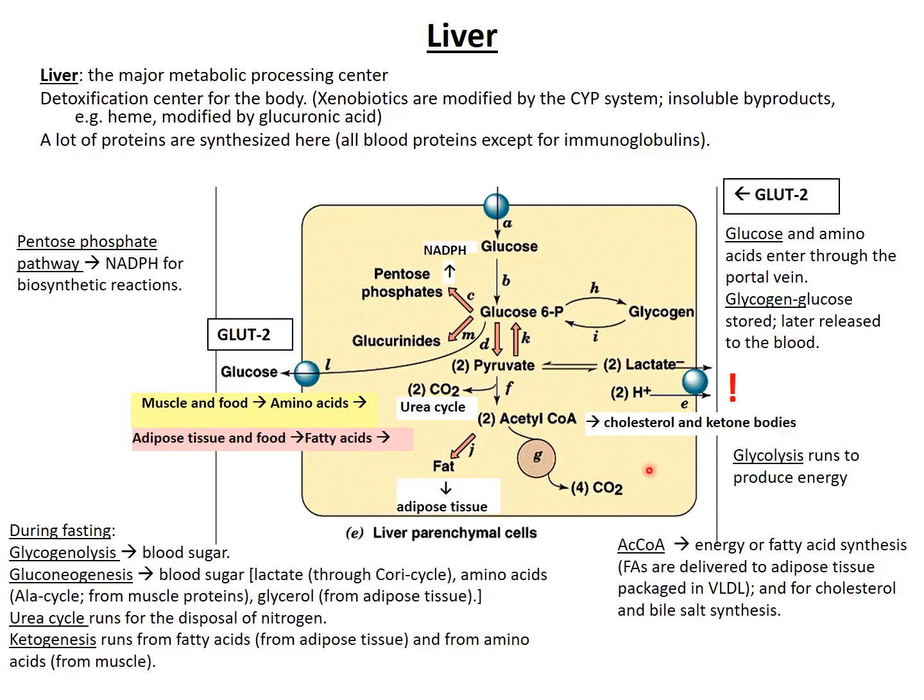So glycolysis is running for energy production. Glycolysis is running to store away energy in the form of glycogen and to store away energy in the form of fat, majorly triglycerides.